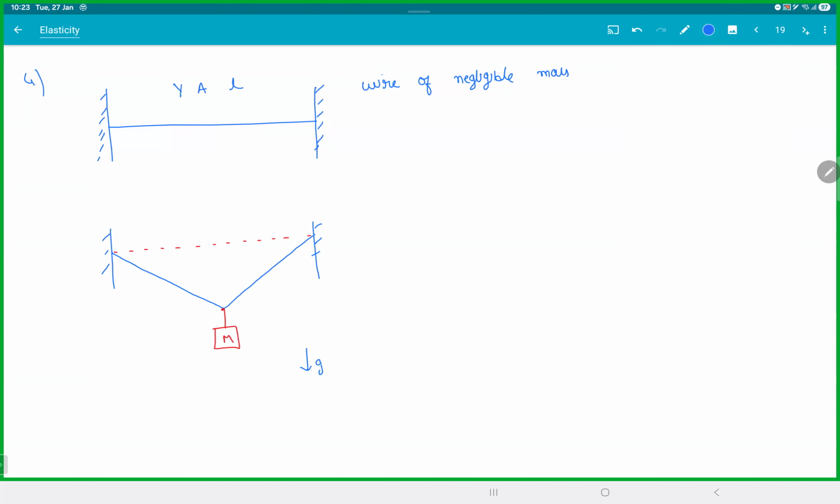Now I exaggerated the figure. It doesn't sag that much, it's very small. So this distance here is x. A mass m is attached at the center and it goes down by x.